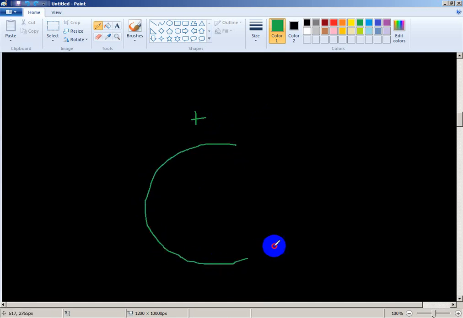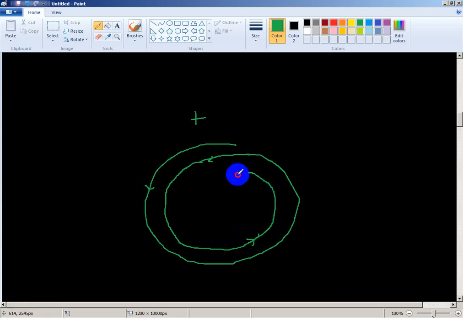As it emits radiation, its radius decreases over time, and at some point it falls into the nucleus. But that doesn't happen in the atom.